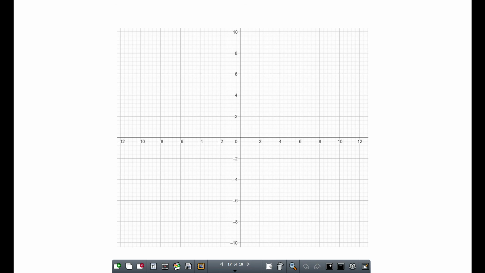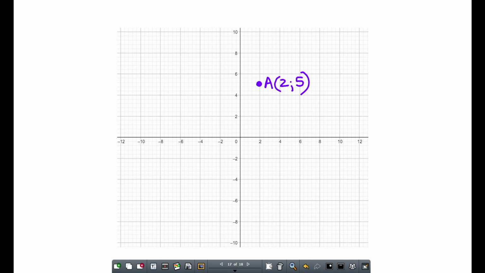So this is A. The coordinates would be 2 and 5. Put up your hand, don't shout out the answer.